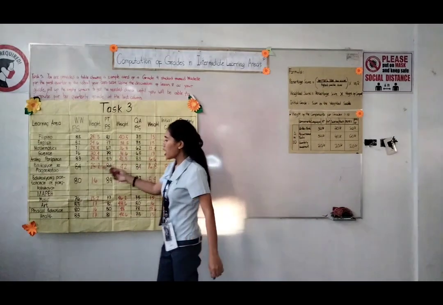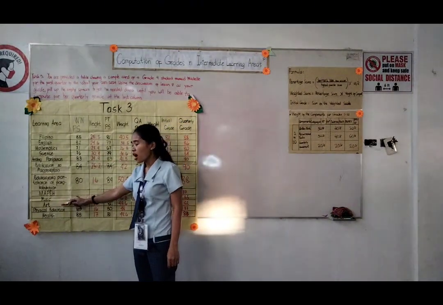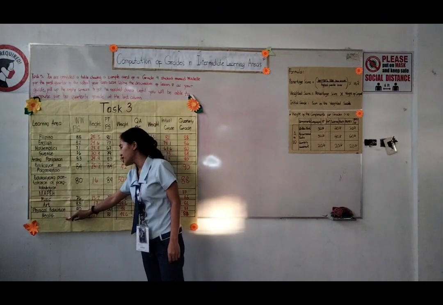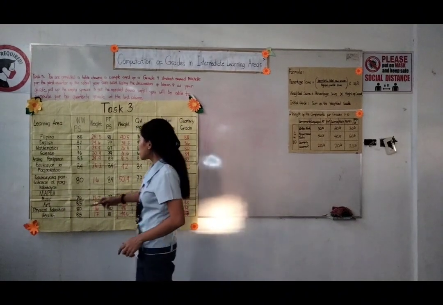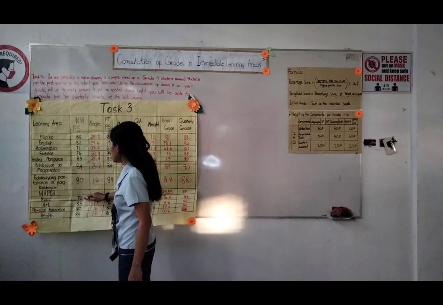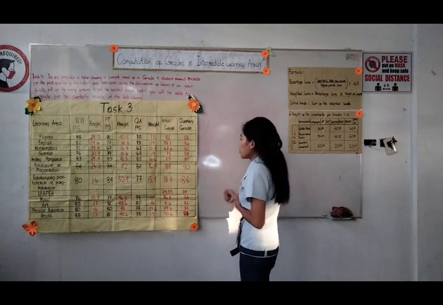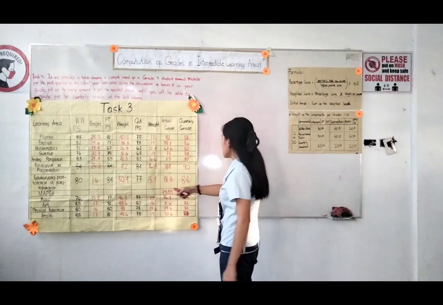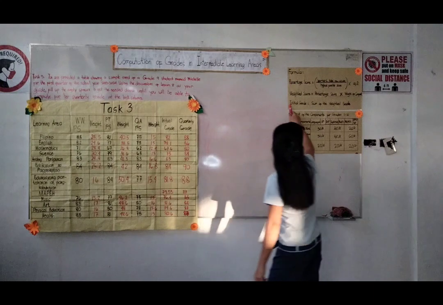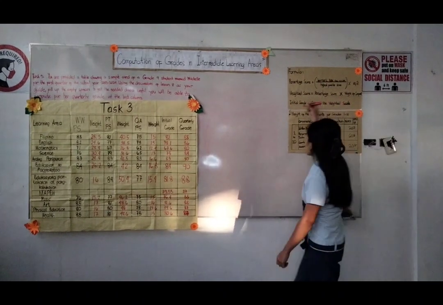In the learning area of MAPEH, MAPEH stands for Music, Arts, Physical Education, and Health. So the given written work percentage score in Music is 76. So let's find the weighted score of Music. Let's follow the weighted score formula, which is percentage score times weight of component.